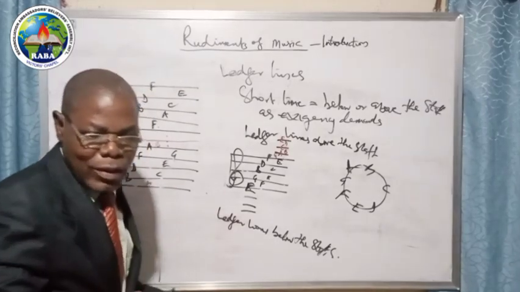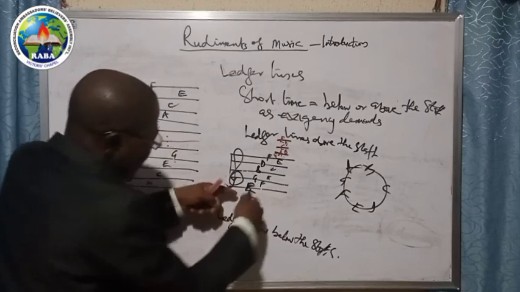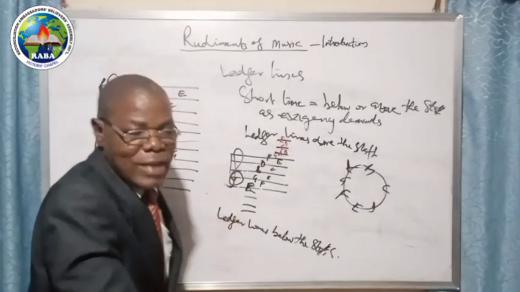That's what I mean by clockwise. When we want to name the ledger line below, we are coming counterclockwise.